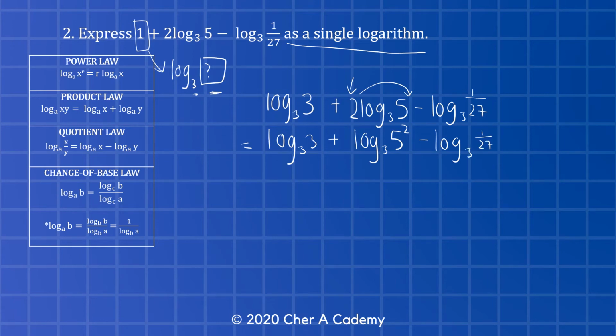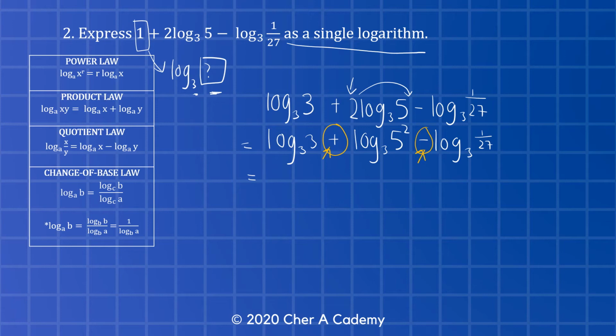Alright, so now I have 3 logs with the same base, and they are all separated by a plus sign and a minus sign. So this tells me that I have to use the product law here, and this tells me that I have to use the quotient law here.